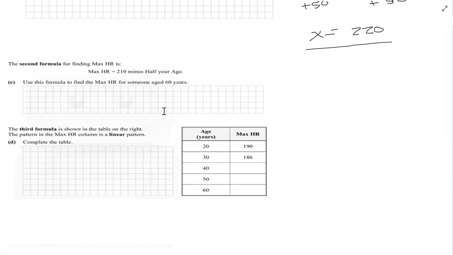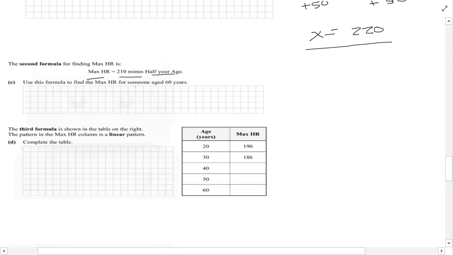So again, we're just continuing on with the questions. The next one is the second formula for finding the maximum heart rate: maximum heart rate is equal to 210 minus half your age. Use the formula to find the maximum heart rate for someone aged 60 years. So we use this formula here.